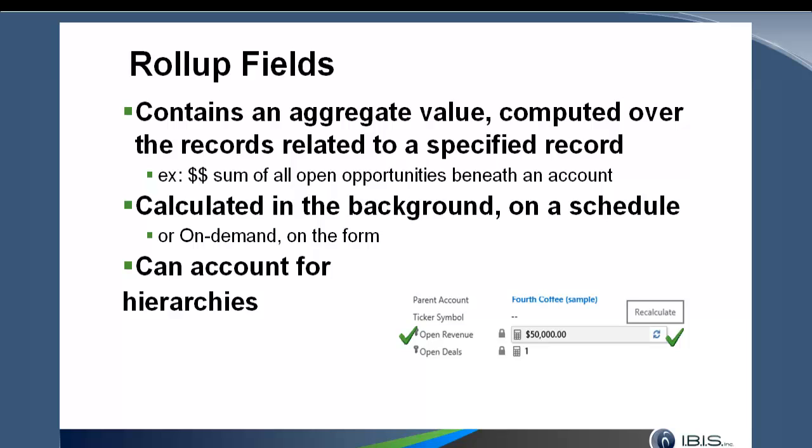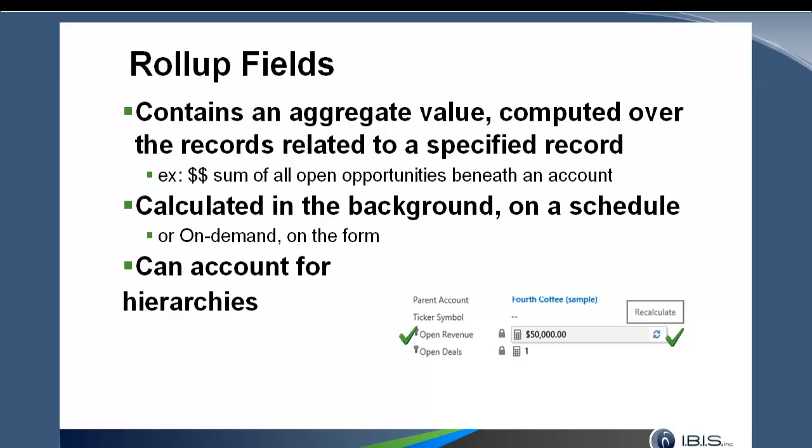If the fifth coffee account, which is below fourth coffee, you might remember, also has a single open opportunity of $100,000, then that can also be rolled up all the way to fourth coffee, at which point you'd have two open deals for a total of $200,000. So one open deal under fourth coffee, one open deal under fifth coffee, which rolls up to fourth coffee.